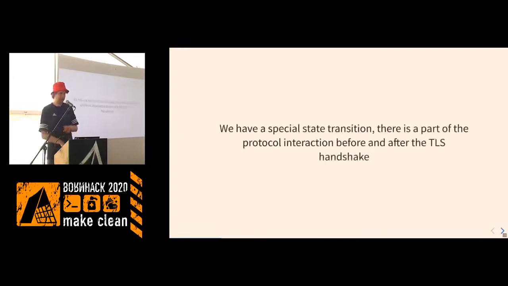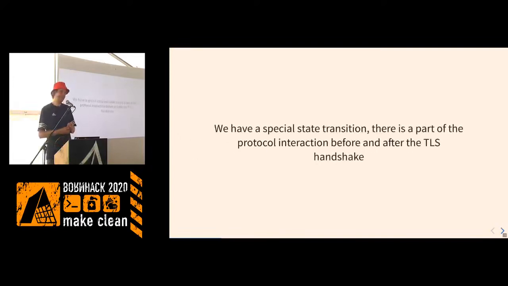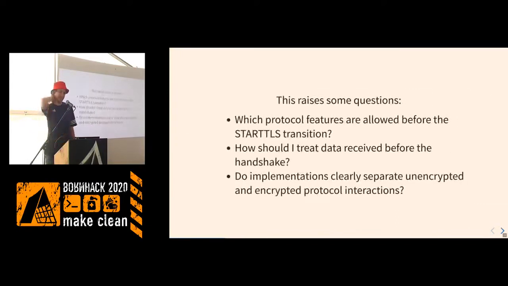If you think about what STARTTLS is, it's something like a state transition, where you have a protocol that can have two different states. It can be in a non-encrypted state and in an encrypted state, and we have this transition where we move from the plaintext state to the encrypted state. This raises a number of questions which don't have very satisfying answers. First of all, these email protocols have a number of features.